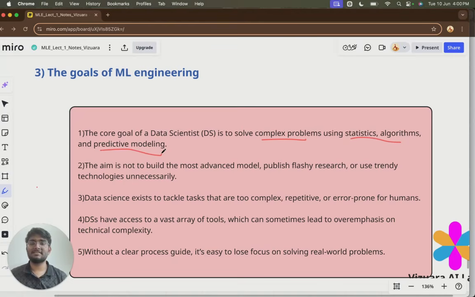Data scientists exist to tackle tasks that are too complex, repetitive, or error prone for humans. Data scientists have access to a vast array of tools, which can sometimes lead to overemphasis on technical complexity. That's what we have been emphasizing from the start of the lecture, that you should have the technical aspect along with communication skills. Both go hand in hand if you want to succeed in this field. Without a clear process guide, it's easy to lose focus on solving real world problems.